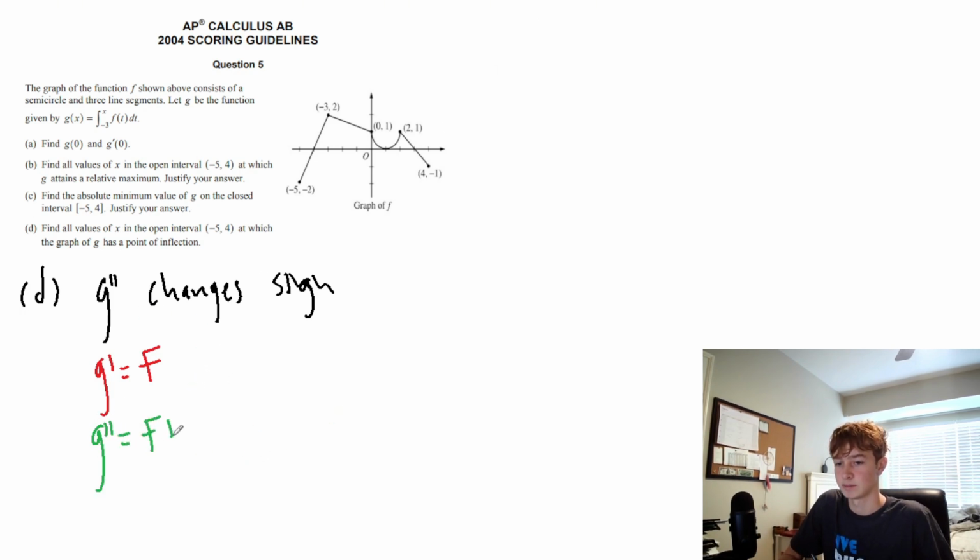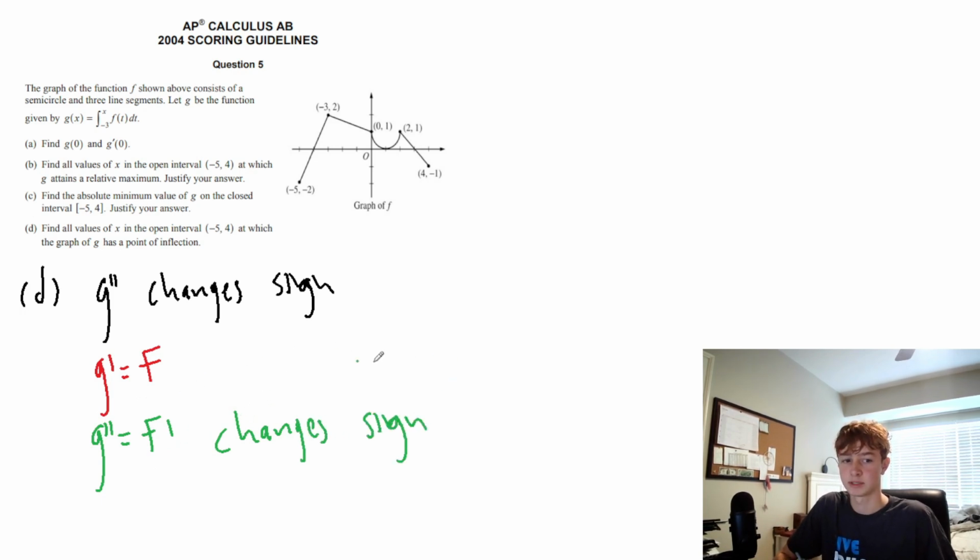So now the question becomes, instead of find the values of x in the open interval -5 to 4 at which the graph of g has a point of inflection, we just altered the question, made it easier to understand, by changing it to find all the values of x in the open interval -5 to 4 at which the graph of f prime changes sign.